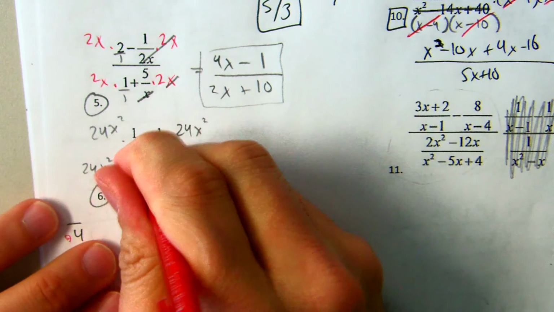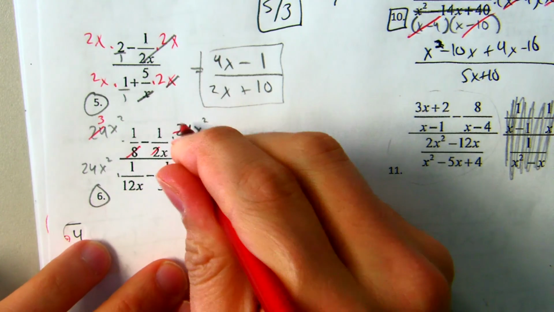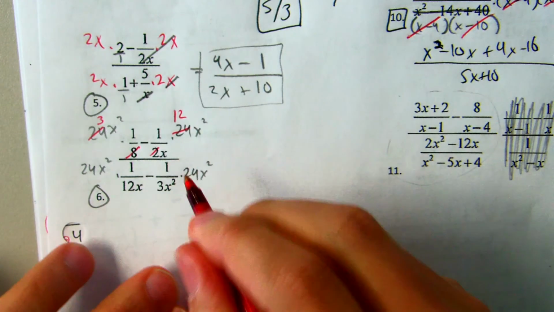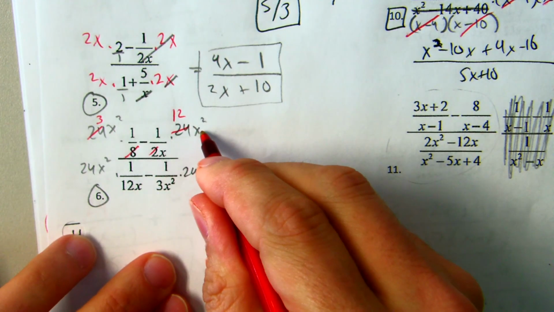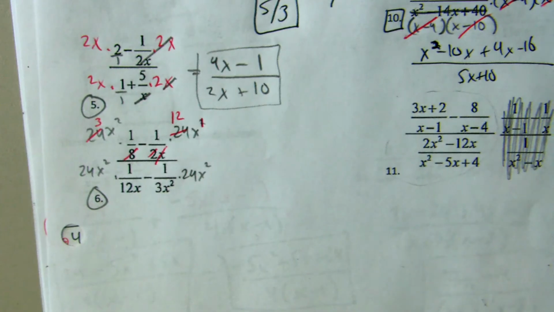Okay, so this 8 could reduce this 24 to a 3. This 2 could reduce 24 to a 12. But also, remember x squared is x times x. So it's like this x could cancel out one of those x's.